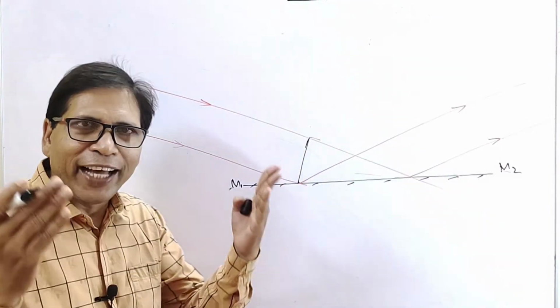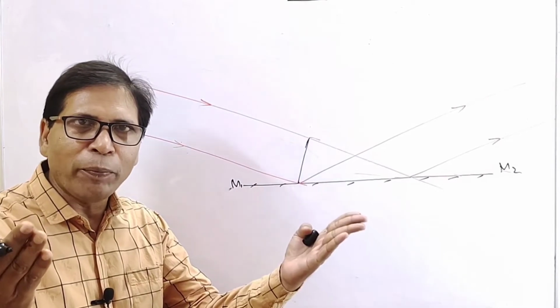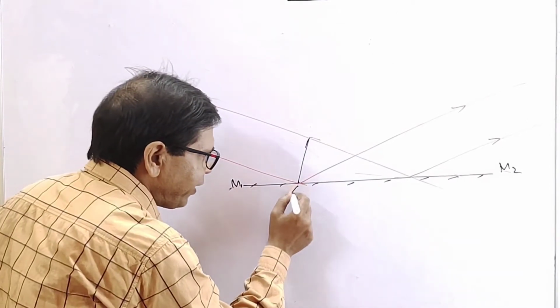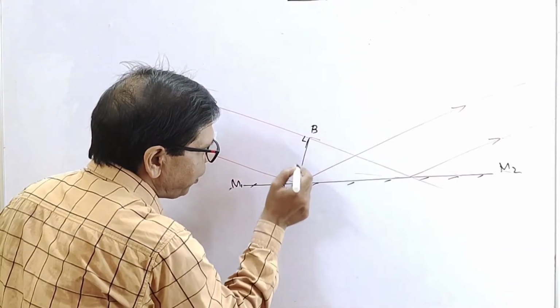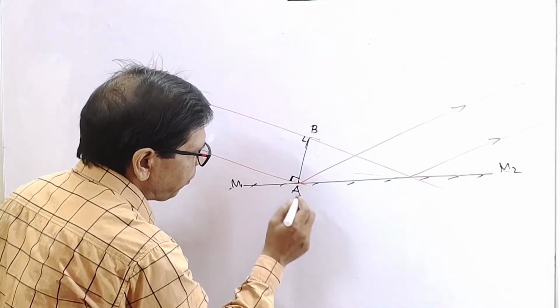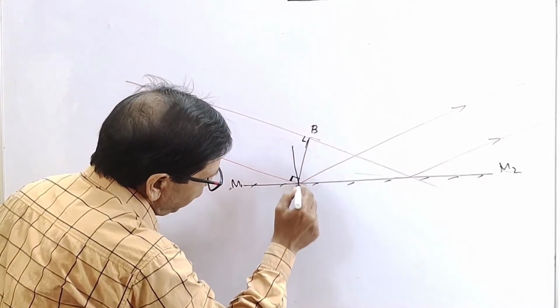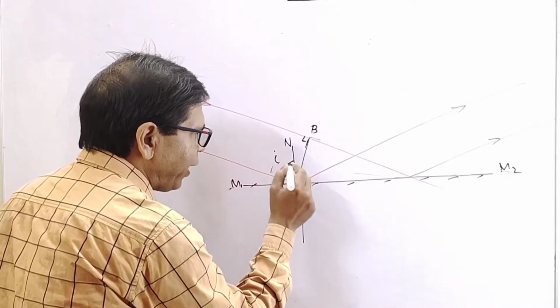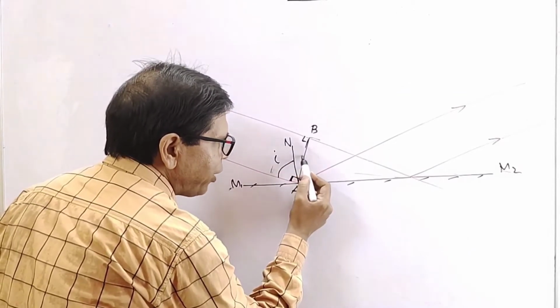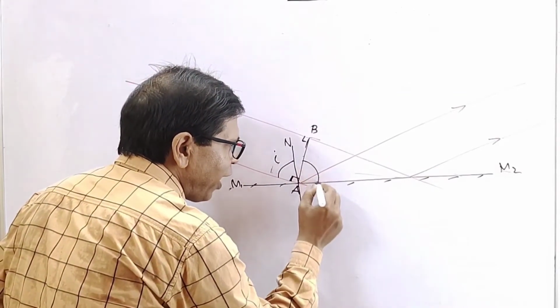We know the rays are normal to the wavefront, so this represents the incident wavefront. A normal is drawn here. If this is the angle of incidence i, this is 90 minus i, so this is i.